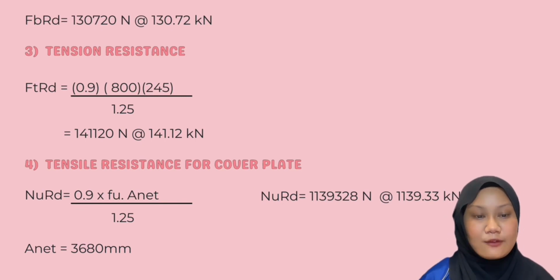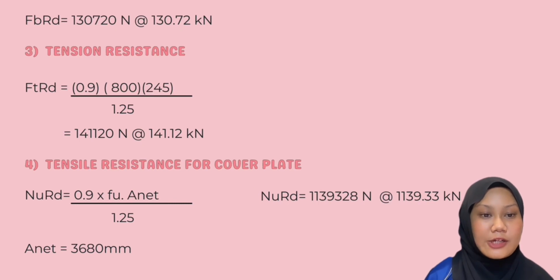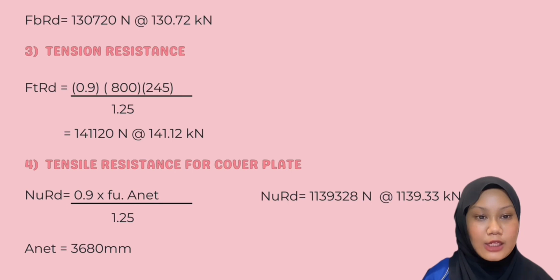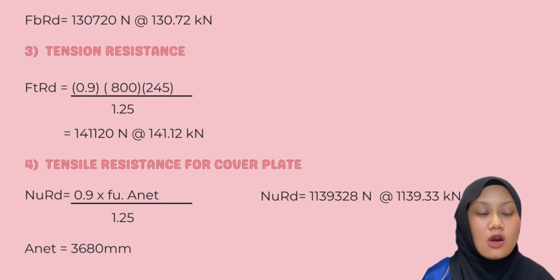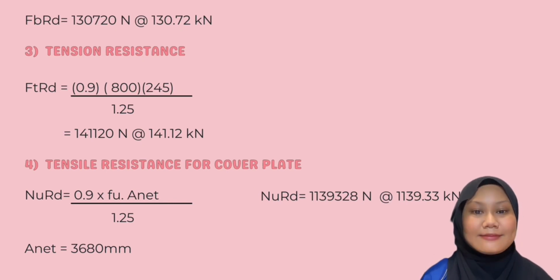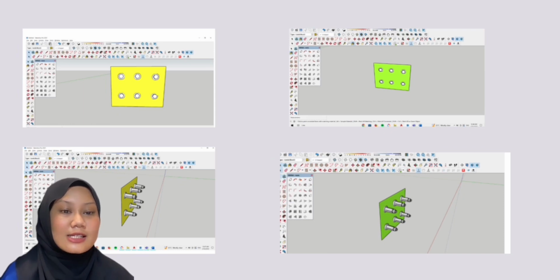We need to find A net first, where we get 3,680 millimeter squared, and from there we can find NuRd by using A net, and the final answer for NuRd is 11,393.28 Newton or 11,039.33 kilonewton. As you can see on the screen, this is the drawing that I drew for the bolt connections using the SketchUp app based on Figure 3.